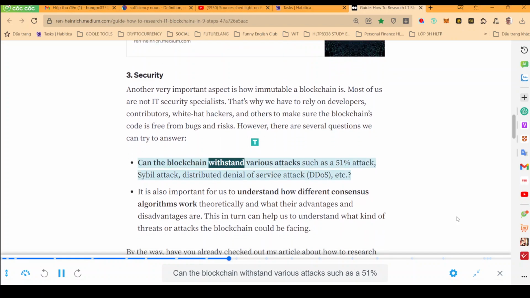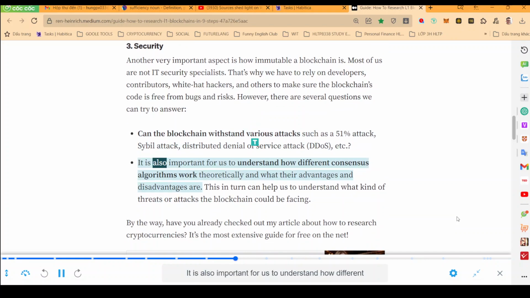Can the blockchain withstand various attacks such as a 51% attack, Sybil attack, distributed denial of service attack, DDoS, etc.? It is also important for us to understand how different consensus algorithms work theoretically and what their advantages and disadvantages are.